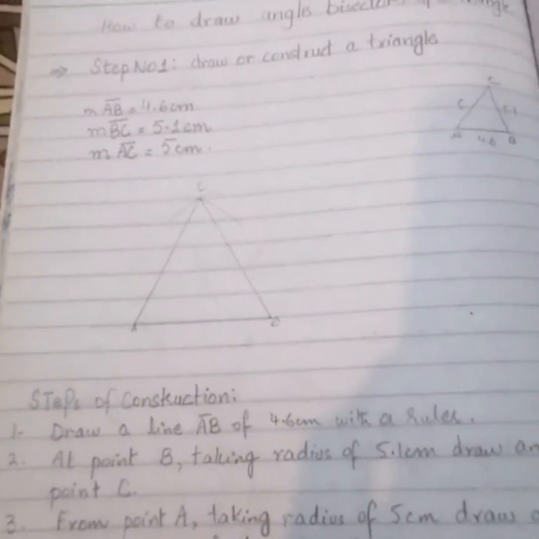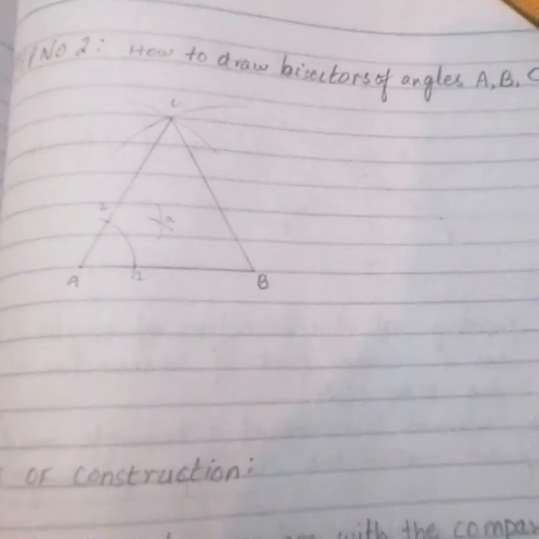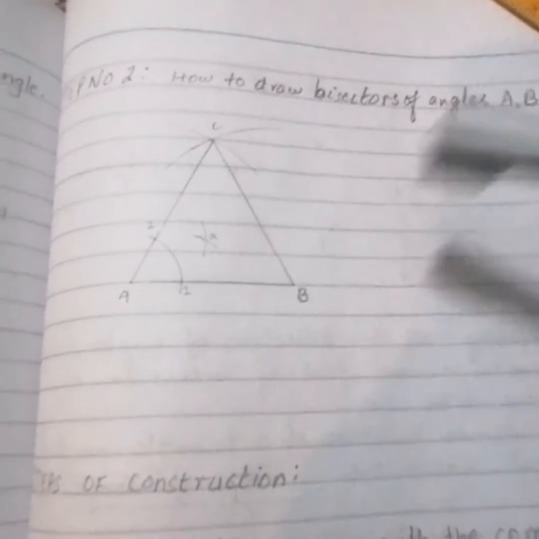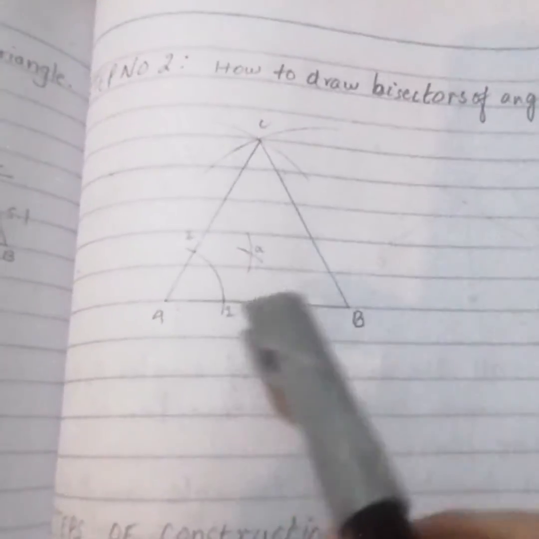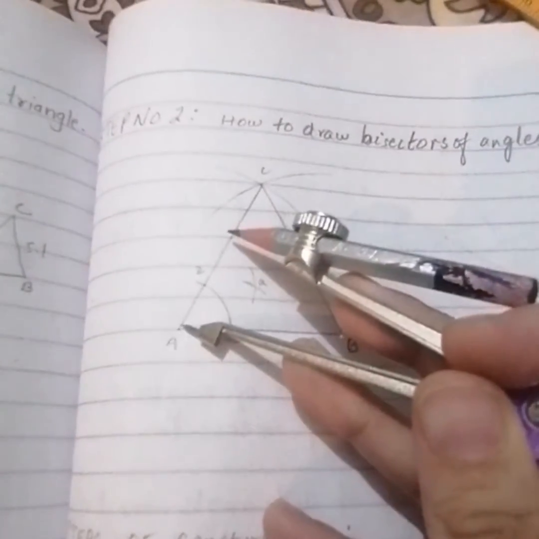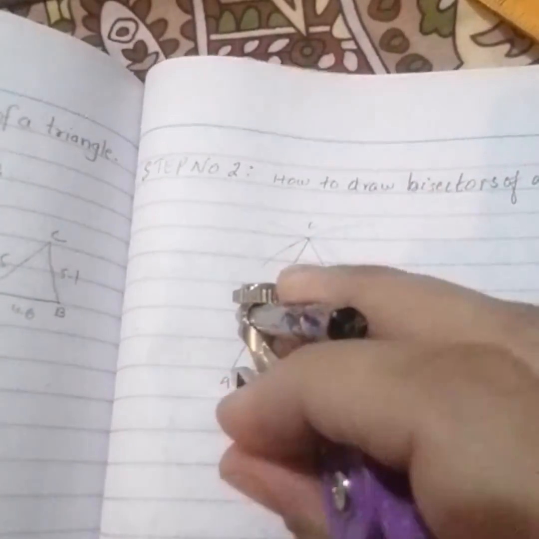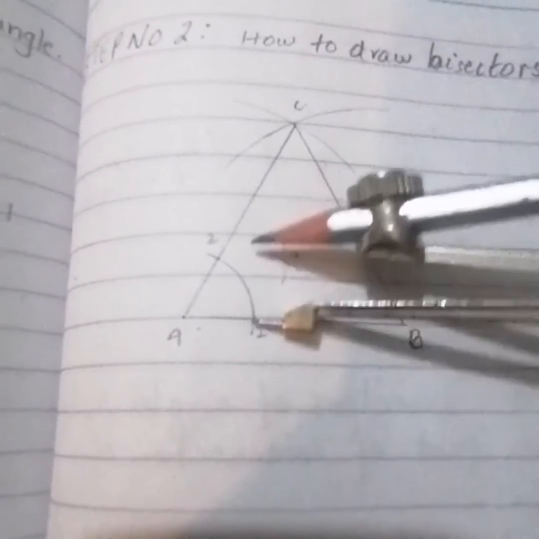Now we will move on to the second part, that is how to draw the bisectors of the angles A, B and C. First we will draw the angle bisector of A. As we have constructed the triangle ABC, from point A we will take our compass, open it to a radius of 1.5 centimeter and draw an arc inside the triangle.